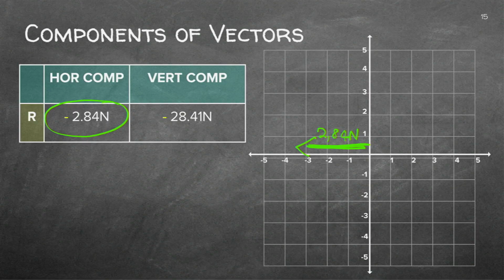We don't need to waste time with that. You can just draw a line that's 2.84 and represents that. The y value is also negative, minus 28.41. So in my diagram, I have to draw a longer line now because it's 28.41, and now I have the 2 components.